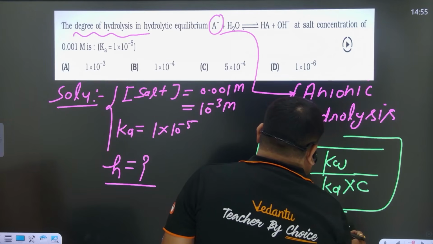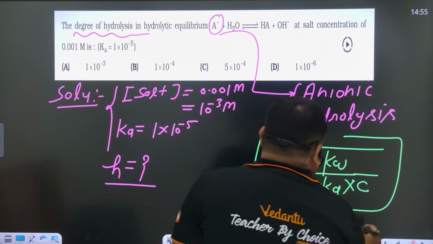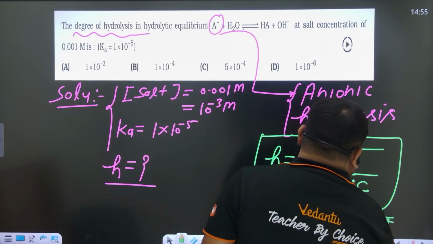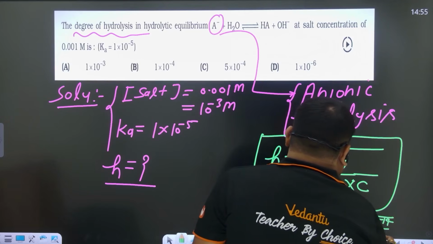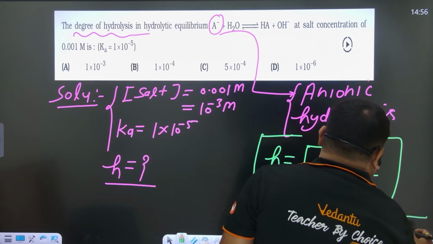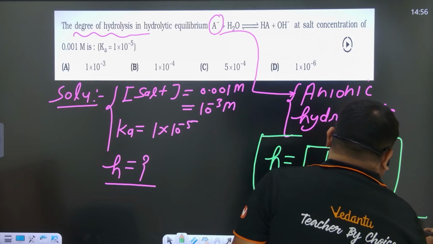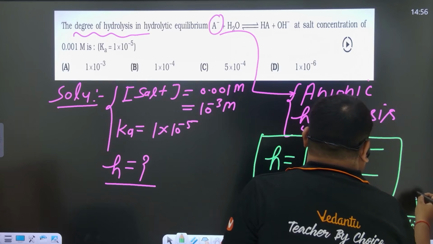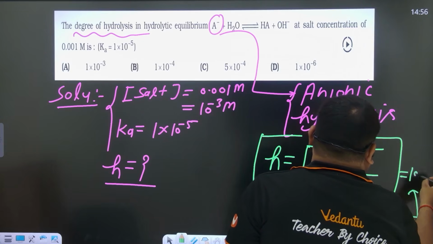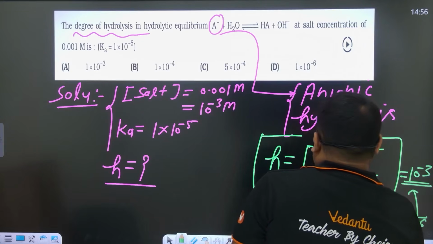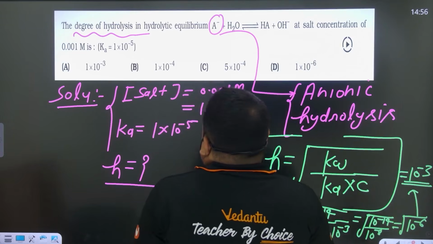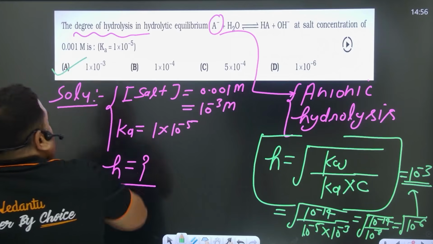Then you get under root of 10 to the power minus 6, right? If you solve this value, then you get 10 to the power minus 3, right? So the value of h is 10 to the power minus 3. So answer A is right.